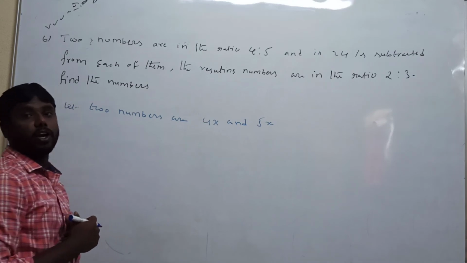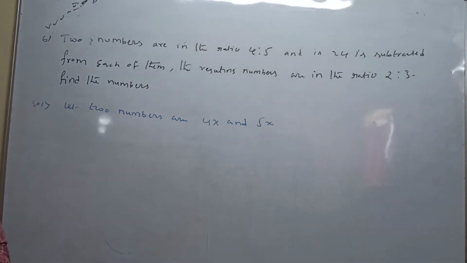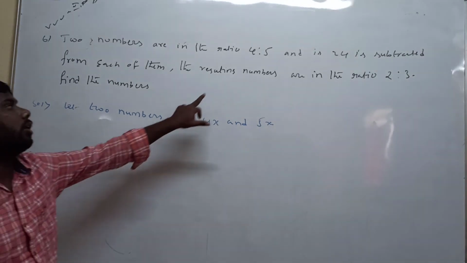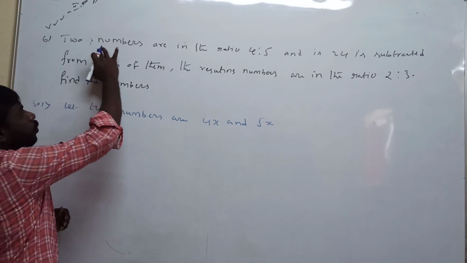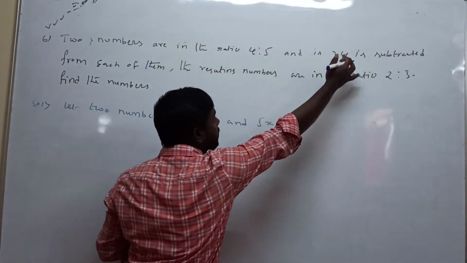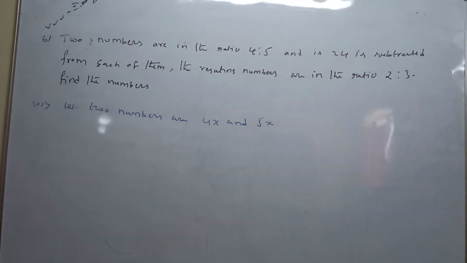You don't know which two numbers are in the ratio 4:5, that's why you are assuming the two numbers are 4x and 5x. According to the question, when 24 is subtracted from each of the two numbers, the result is 2:3.